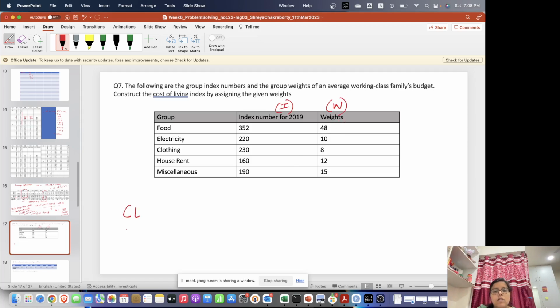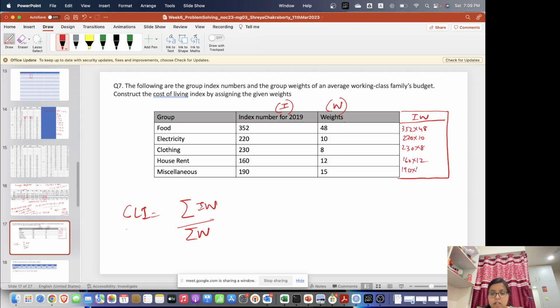So cost of living index is given by summation IW by summation W. So if we have one more column like this, IW, then this will be 352 into 48, 220 into 10, 230 into 8, 160 into 12, 190 into 15.